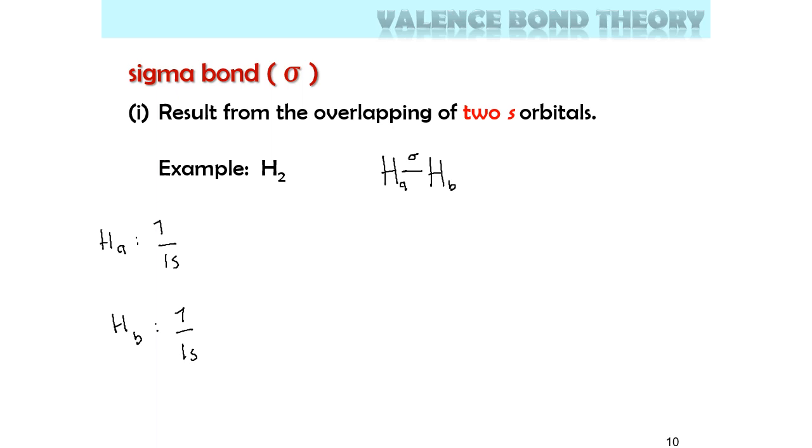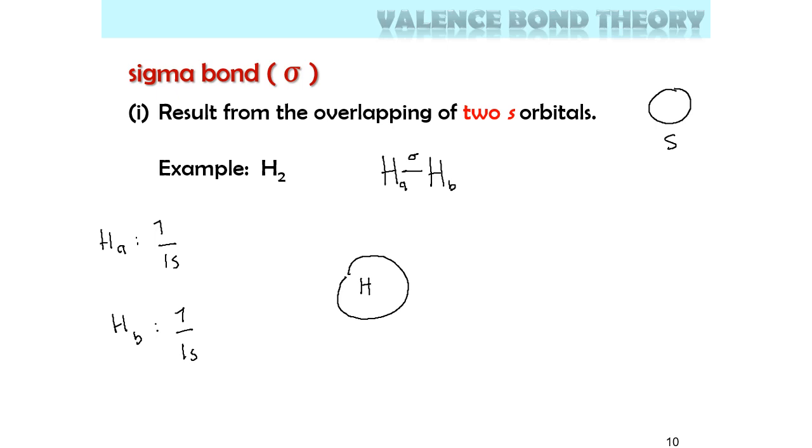So how to show the overlapping? Okay, still remember s orbital, the shape is sphere. So draw one sphere and make sure it is big and clear enough. So label with hydrogen.